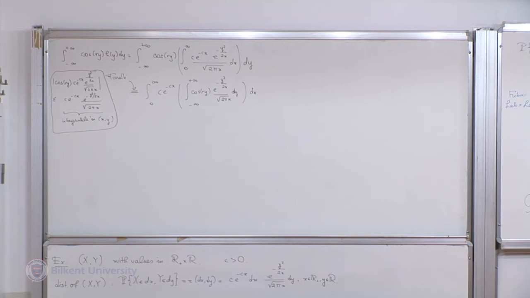And now, hopefully, we are able to evaluate the inner integral. So what does the inner integral look like? Cosine times the Gaussian distribution with mean 0 and variance x, right? So can we evaluate this?